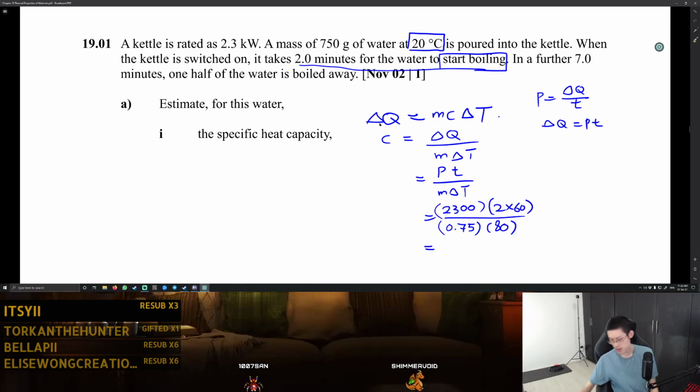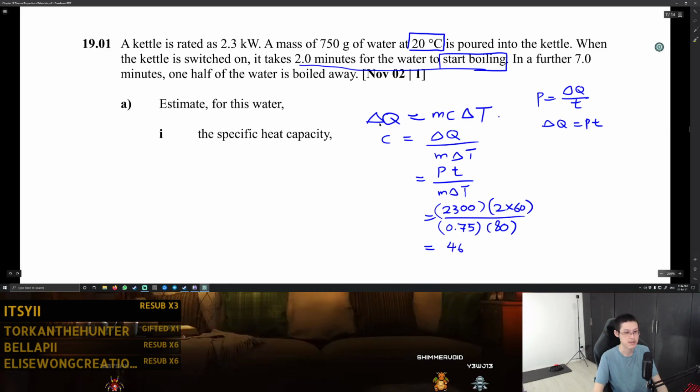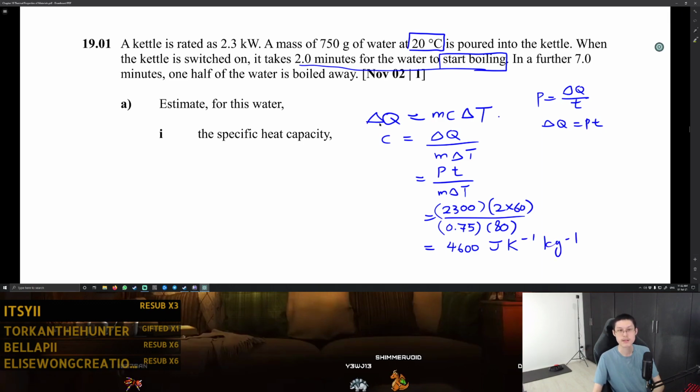So using your calculator, you get 4,600 joules per kelvin per kilogram. And done. There we go.